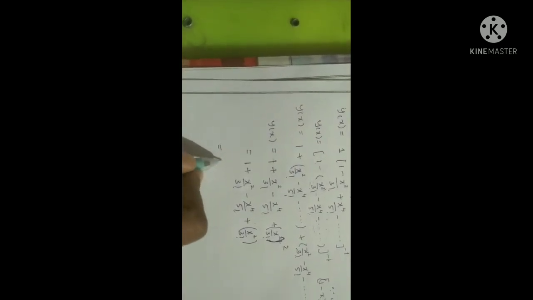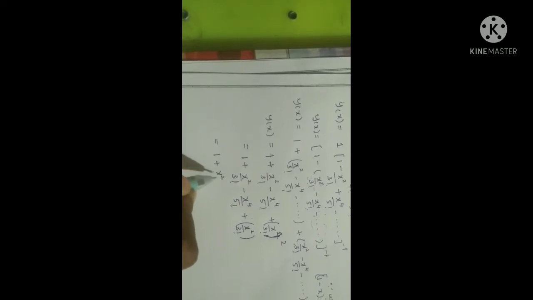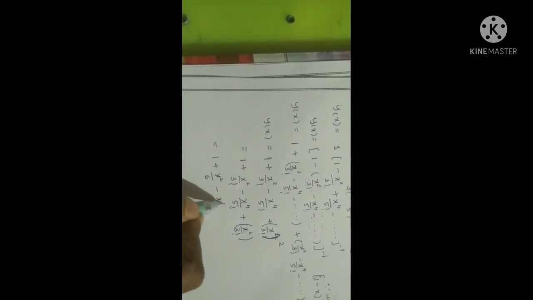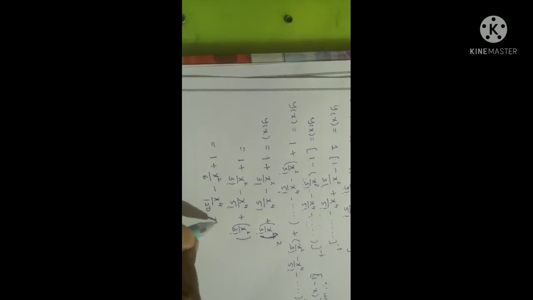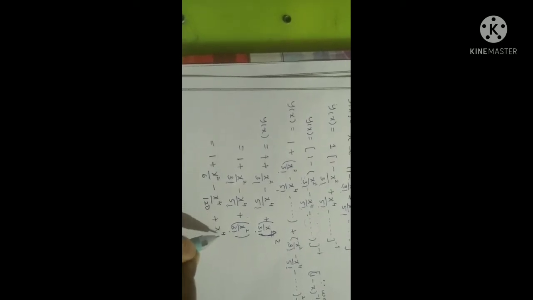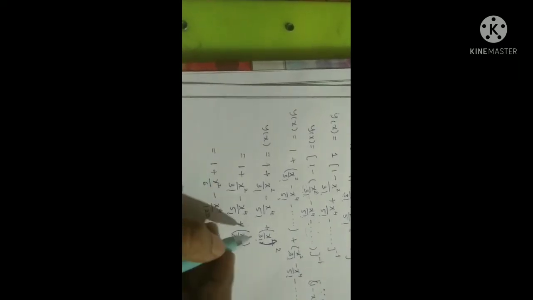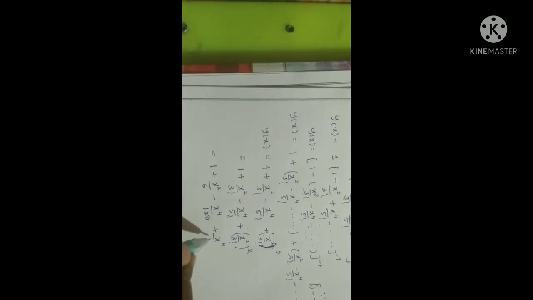So when you expand this, it becomes 1 plus x square by 6, since 3 factorial is 6, minus x to the power of 4 by 120, plus x to the power of 4 by, 3 factorial is 6, its whole square, 36.